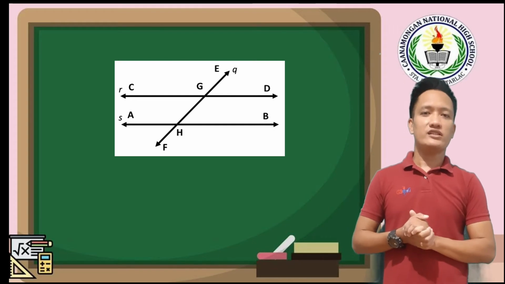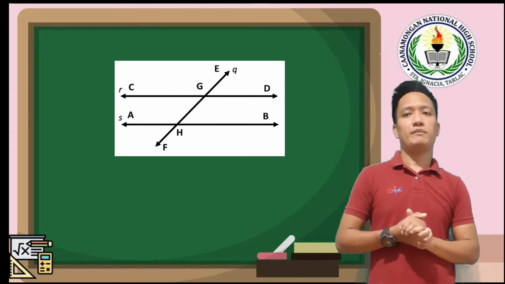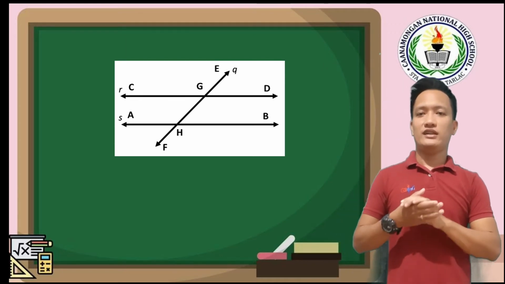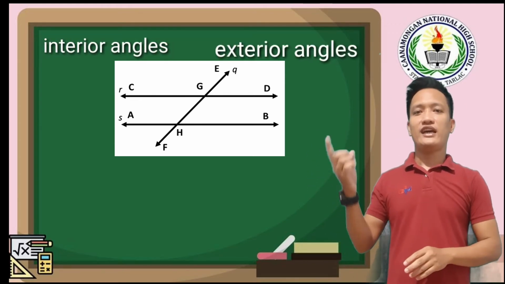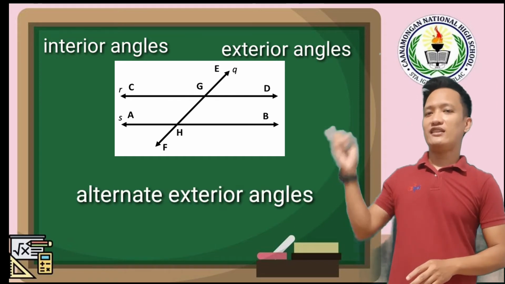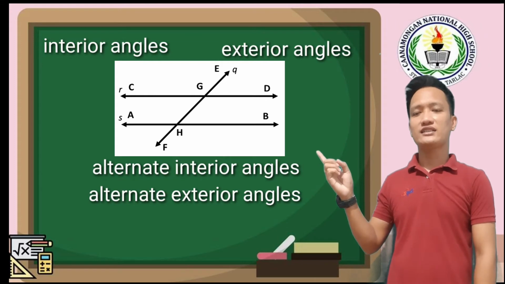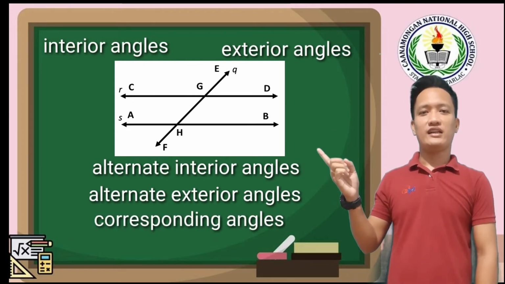And what are those angles that were formed by the two parallel lines cut by the transversal? So, meron tayong interior angles, exterior angles, alternate interior angles, and corresponding angles.